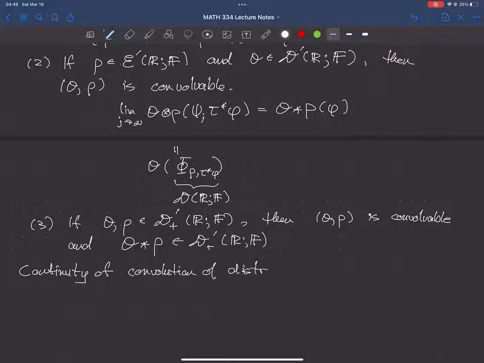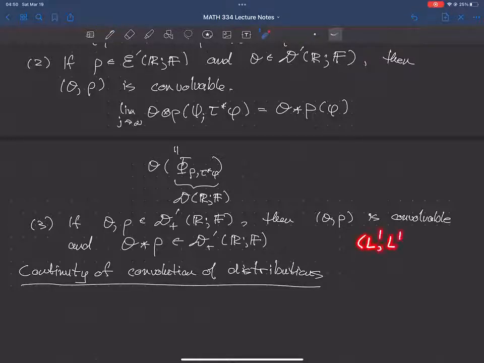Now, when we talked about convolution of functions, we talked about continuity, right? So when we had the convolvable pair of, say, L1 with L1 that mapped into an L1, there was a continuity condition which was given by a certain norm bound for the convolution mapping here. Now, the convolution of distributions also has continuity properties like this.